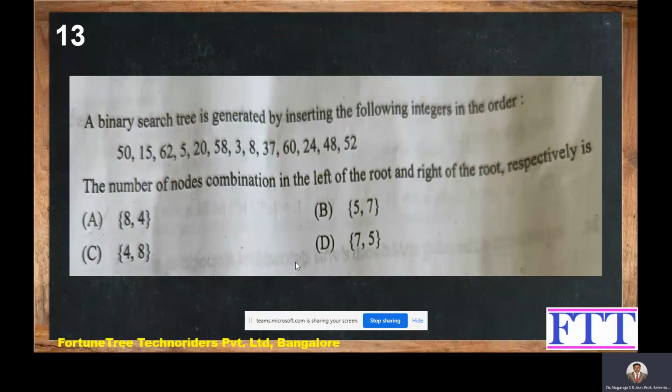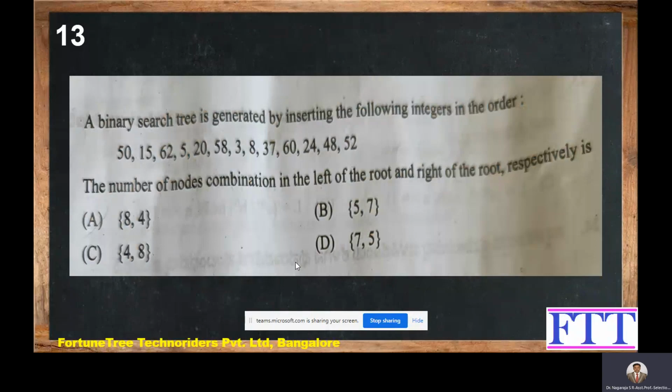A binary search tree is generated by inserting the following integers in the order. Here you need to think: the first element you insert is the root element. So 50 is the root element. A lesser value we need to keep in the left subtree, and a greater value you need to keep in the right subtree.